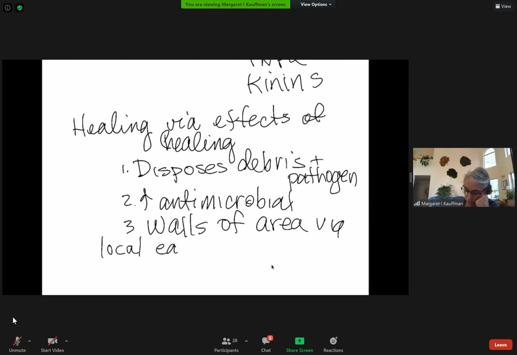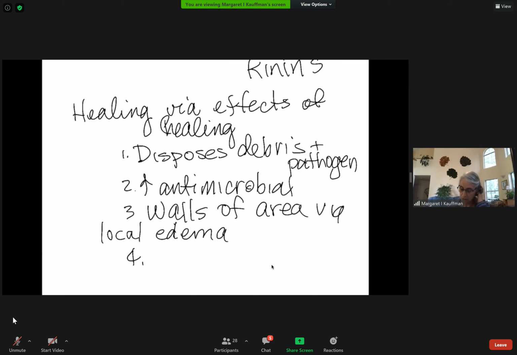Okay, all that fluid coming out is going to cause a local edema or swelling, as she mentioned. It's going to bring antimicrobial things from the plasma. And the white blood cells, these are the white blood cells that come in and are phagocytic, especially the macrophages, will eat up not just the pathogens, of course, which neutrophils will do, but there's really actually, which the book doesn't talk about, two types of macrophages.